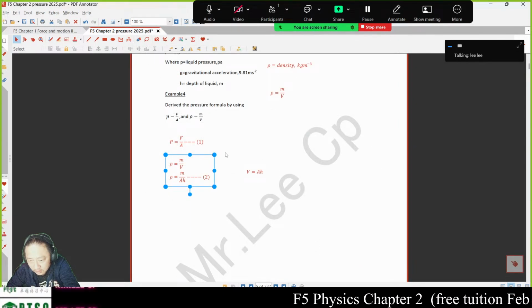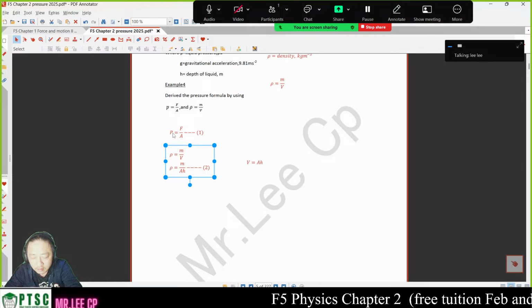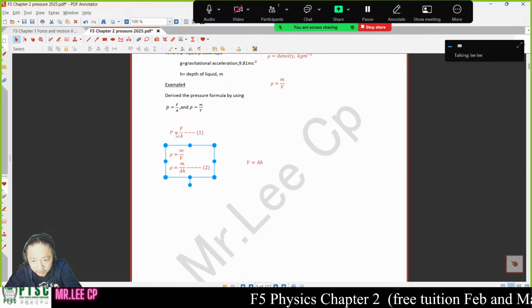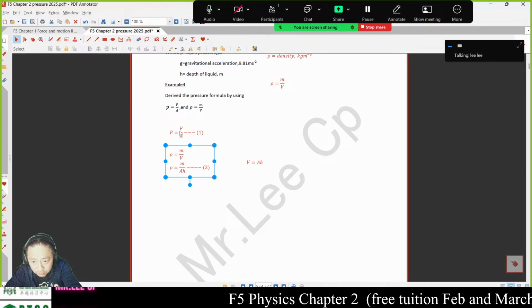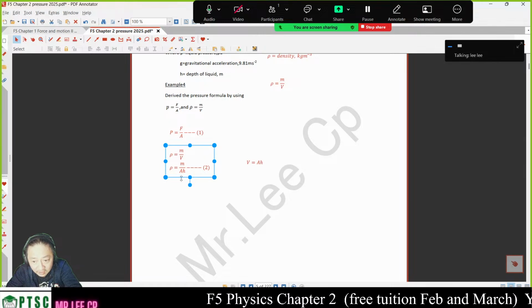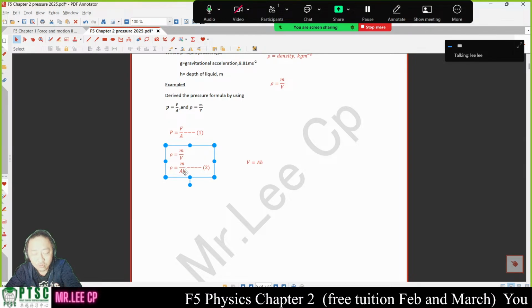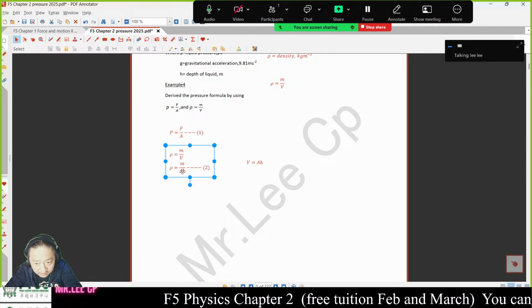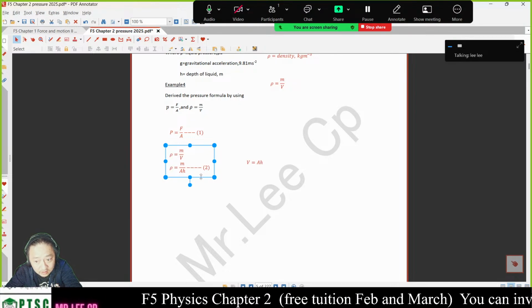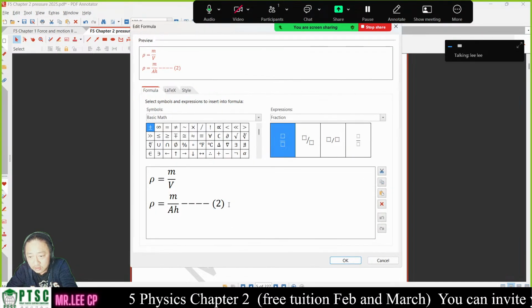Now, from here, we know that pressure is equal to force divided by area. So here I need area. Area goes up, density goes down. So here I change a bit.